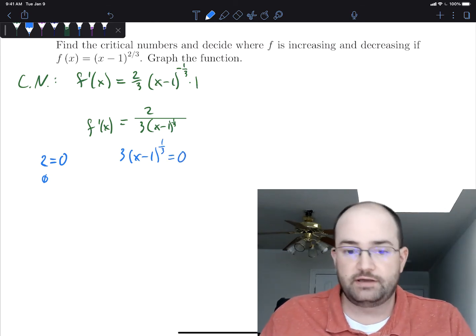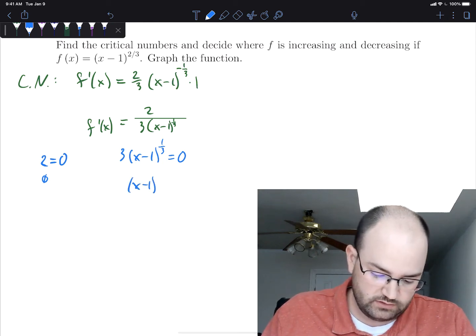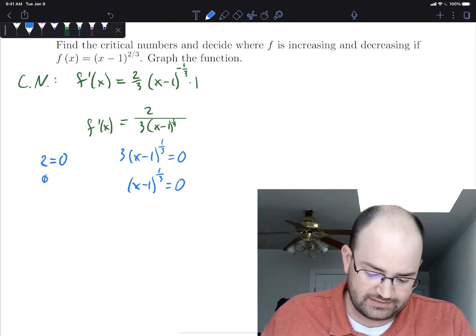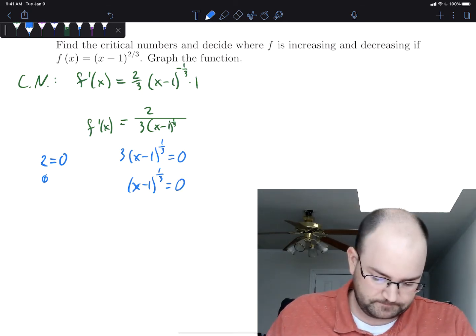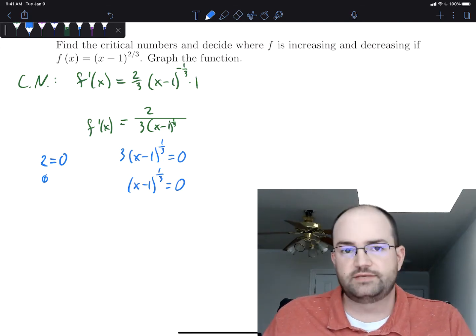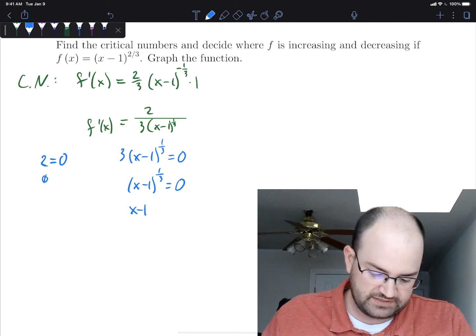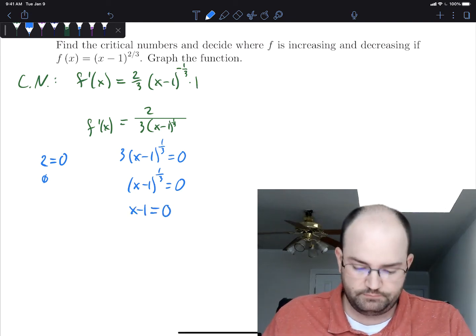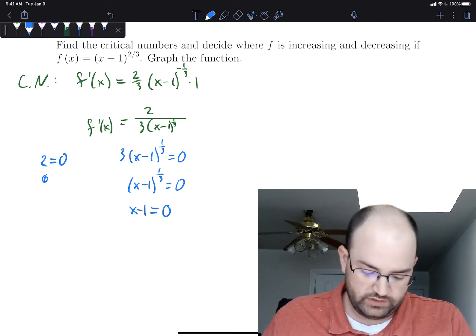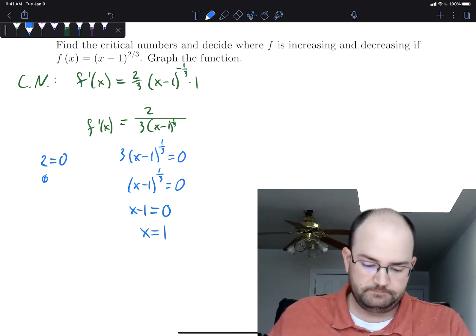And of course, divide by 3 there, so we get x minus 1 to the 1/3 power is equal to, sorry, 0 divided by 3 is 0, not 3. There we go. Excellent. And then, of course, that means that the argument itself, x minus 1, has to be 0. You can see that by cubing both sides, if you will. And then adding 1 to both sides gives me x equals 1.